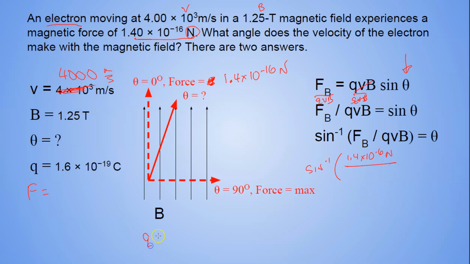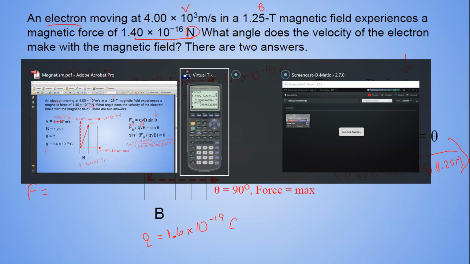The charge of an electron is 1.6 times 10 to the negative 19 coulombs. Sometimes they want you to know that number. I'll put it right there. I need the velocity, and that was 4,000 meters per second. And the magnetic field B is 1.25 Tesla.